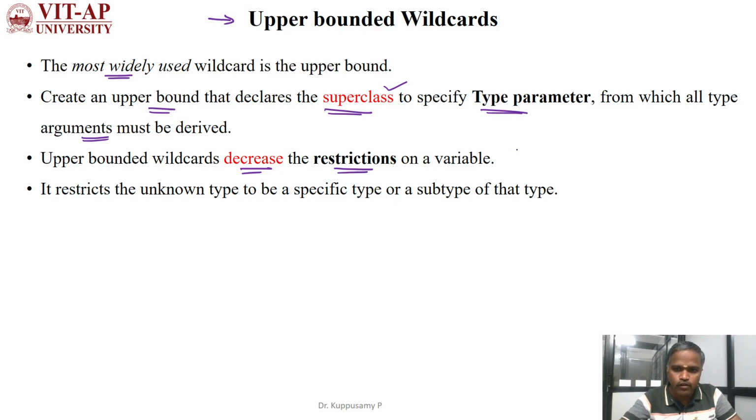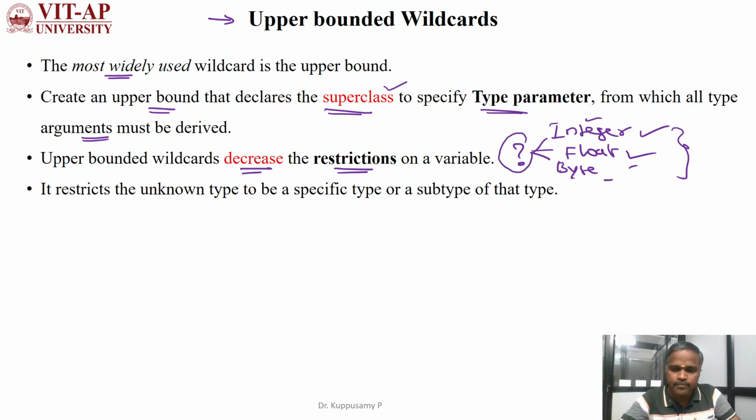That means when you are using the question symbol, it accepts any data type. So sometimes integer will be accepted, sometimes float data, sometimes byte data. Depending upon the data we pass to that variable, it will act as an integer variable, float variable or byte variable when we are using the question symbol, that means the wildcard.